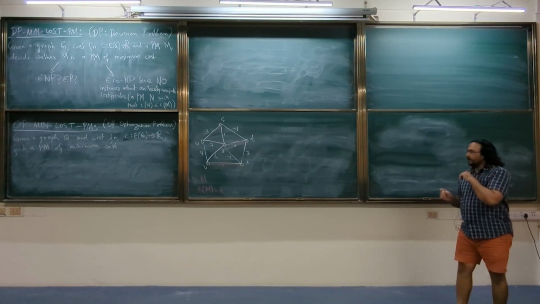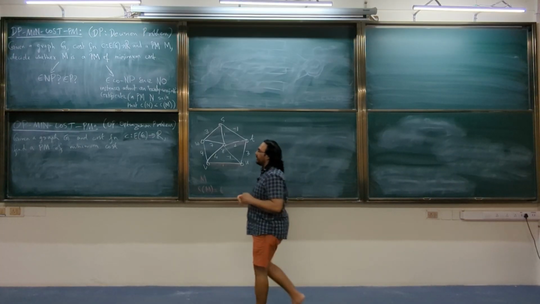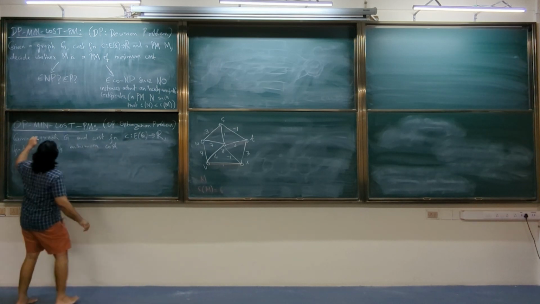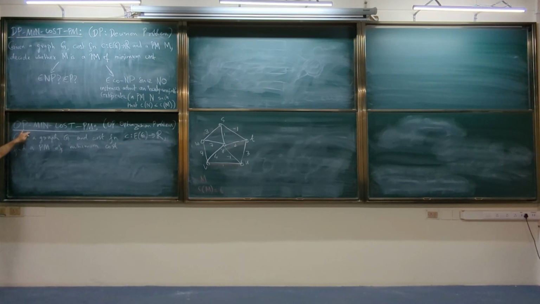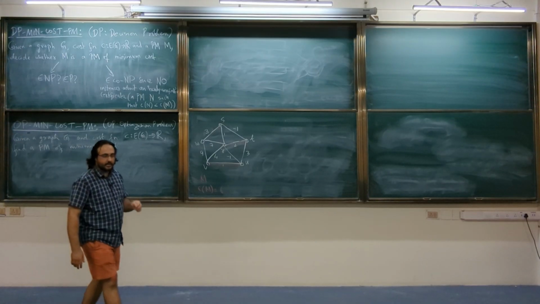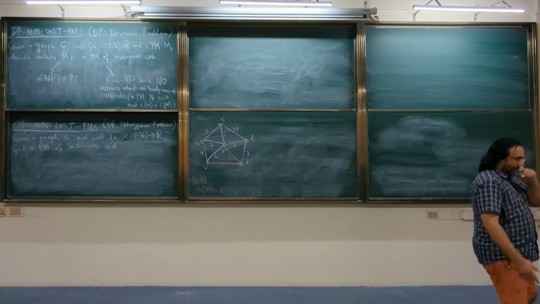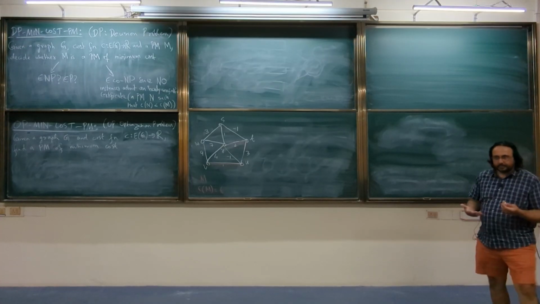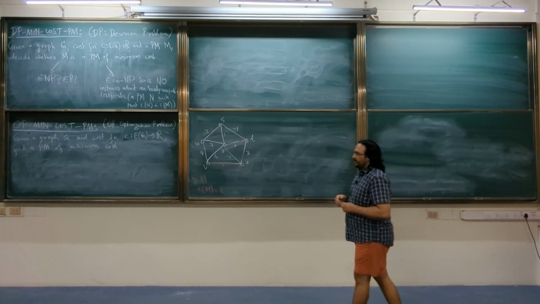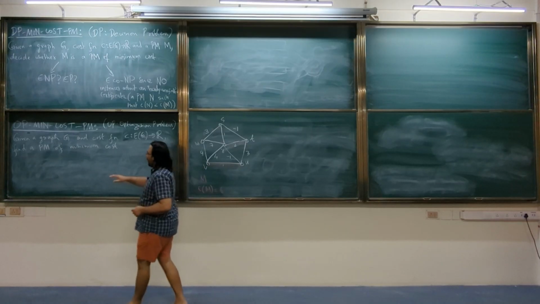Alright, so if there are no questions or concerns, let's get back to where we were. We discussed these two problems. One is an optimization problem, more specifically a combinatorial optimization problem. You're given a graph and a cost function on the edges, and you want to find the minimum cost perfect matching in this graph. Of course, a question arises.